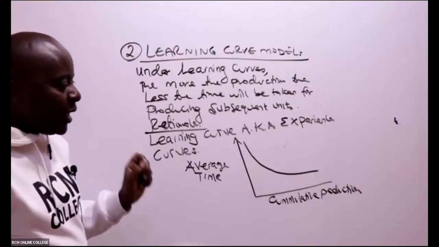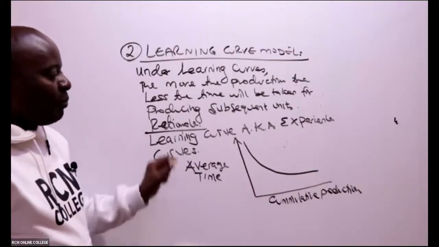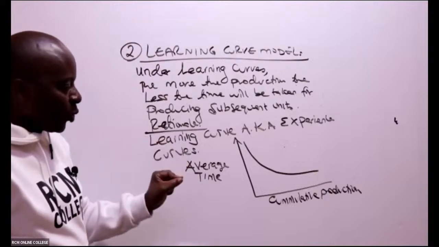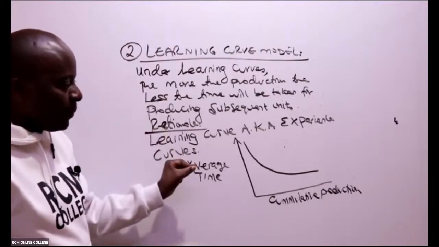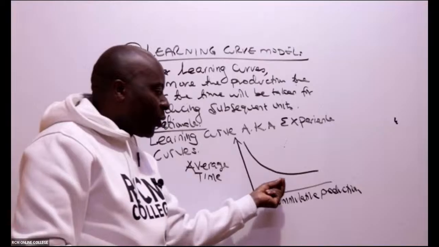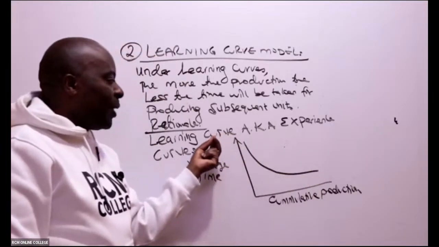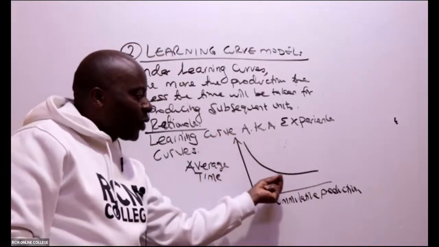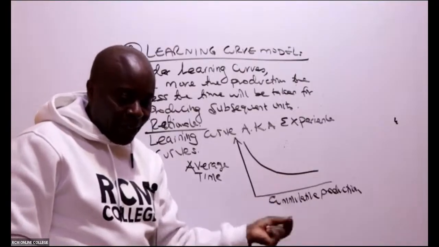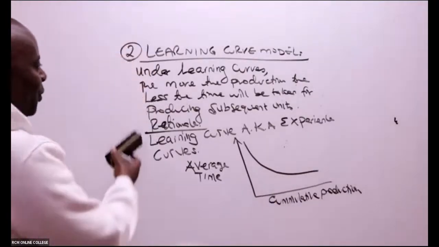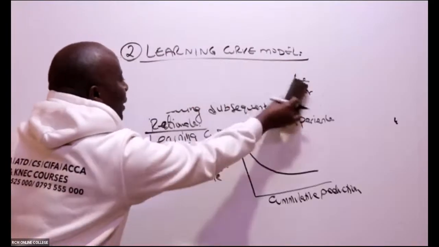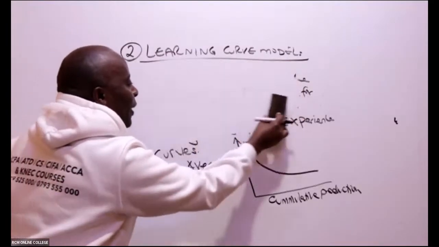So there is an inverse relationship between cumulative production and average time, such that as production is increasing, average time is reducing.